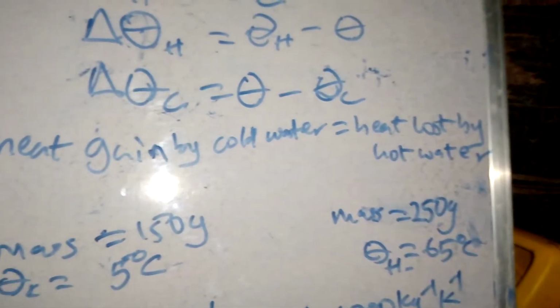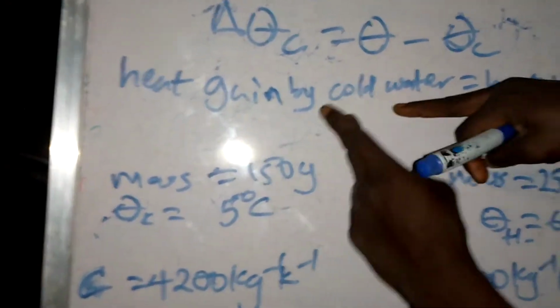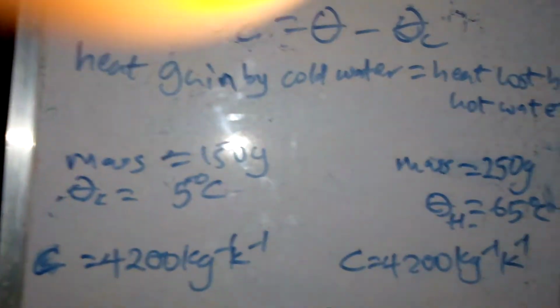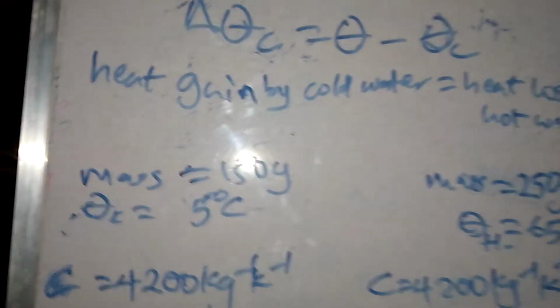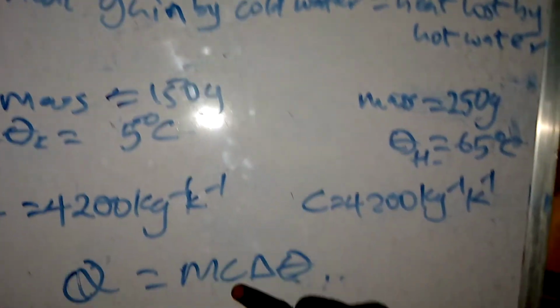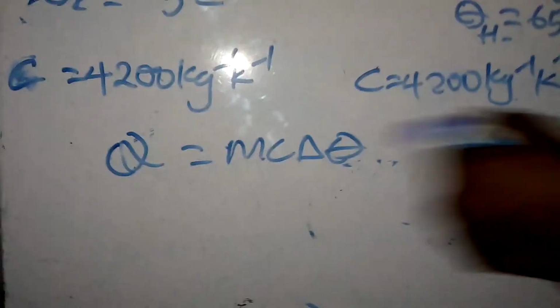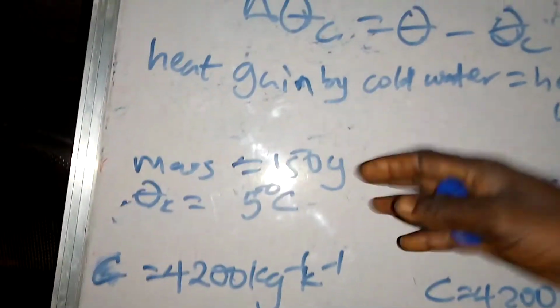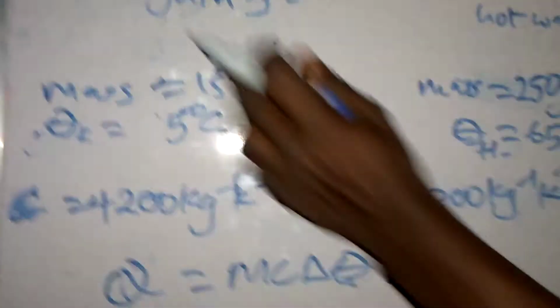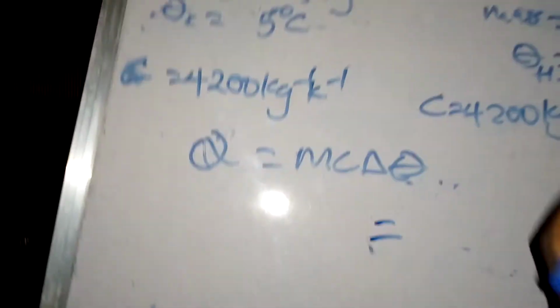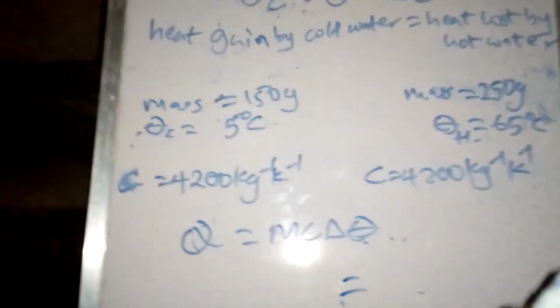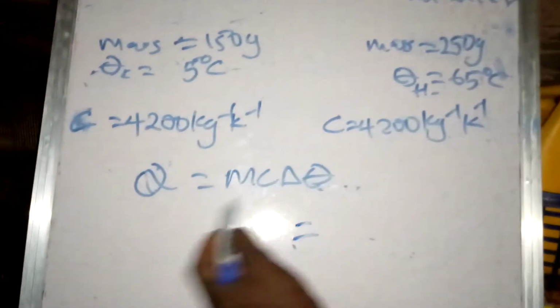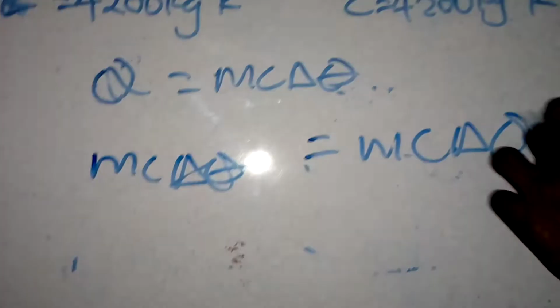We said earlier that the quantity of heat is mass times specific heat capacity times change in temperature. So let us consider the cold water now: heat gained by cold water equals heat lost by hot water. This is the formula, mc change in theta.